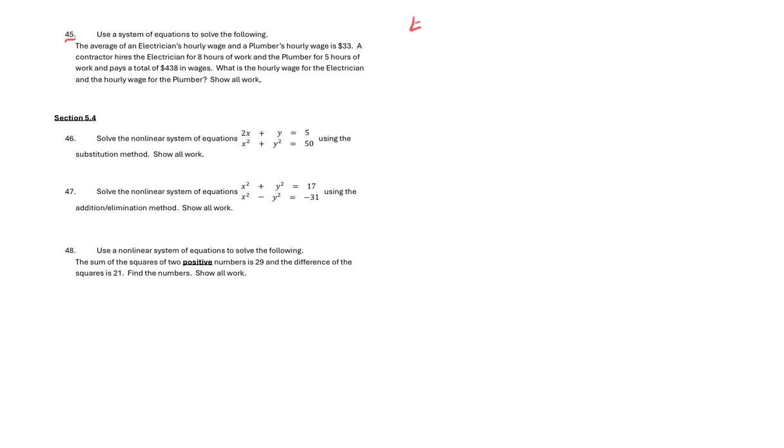So we'll have E being the electrician's wage plus the plumber's wage, divided by 2 will be $33. And then the total cost will be 8 times the electrician's wage plus 5 times the plumber's wage should equal the 438.